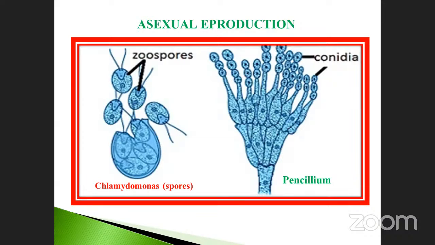Fungi are made up of which type of cell? The fungal cell wall is made up of what? Anybody else? Fungal cell wall is made up of? Anybody? Armaga Sangar? Or Priyanka? Okay, fungal cell wall is made up of what?